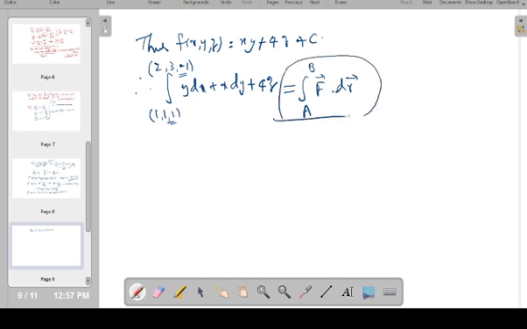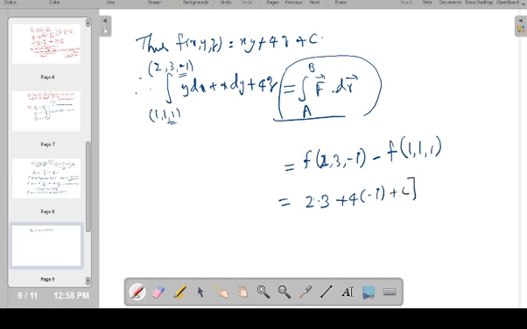How do I evaluate this? Since F is conservative, this is the value of the antiderivative f at the upper limit (2, 3, minus 1) minus the value of the antiderivative at the lower limit (1, 1, 1). Evaluate f at the point (2, 3, minus 1): 2 into 3 plus 4 into minus 1 plus constant, minus f of (1, 1, 1), which is 1 into 1 plus 4 into 1 plus c.